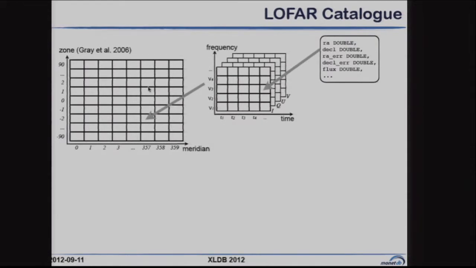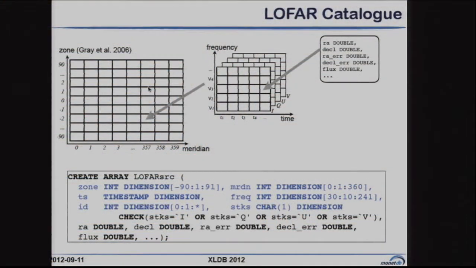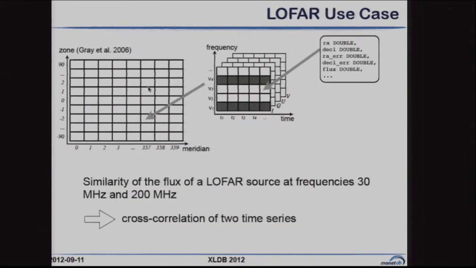Finally, we store all auxiliary information of a source as cell values, and putting all this together, the whole LOFAR catalog can be stored in a single array with 6 dimensions and a number of attributes.